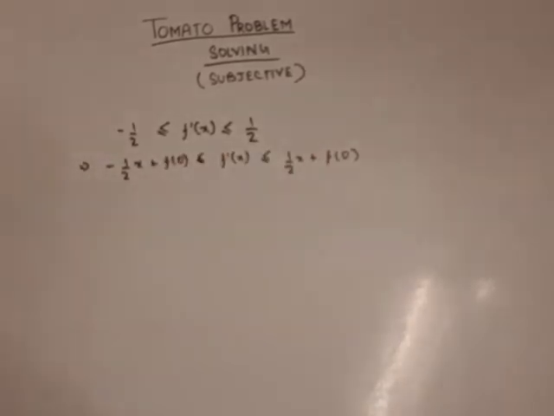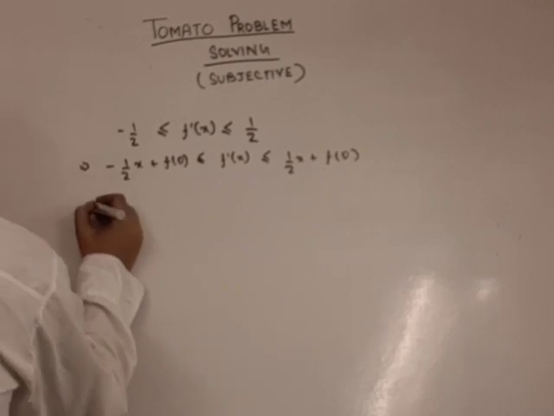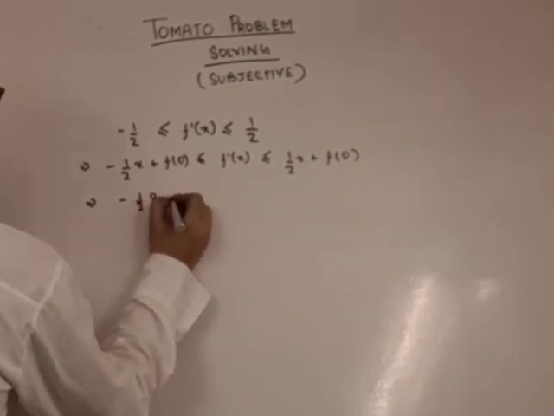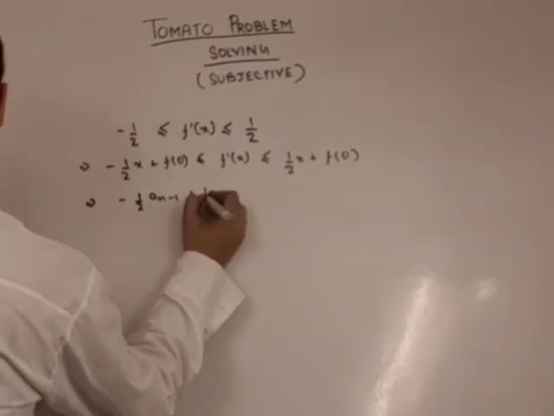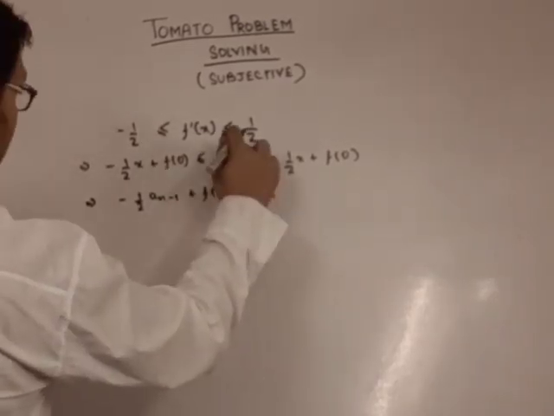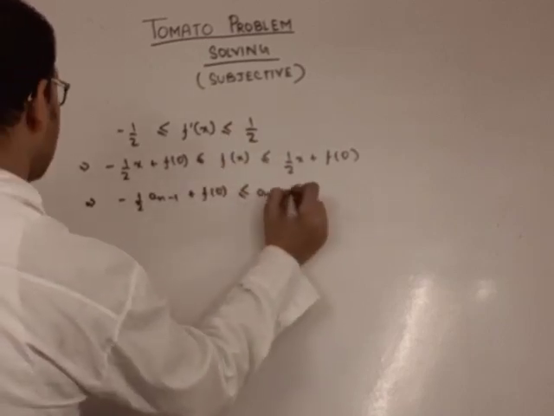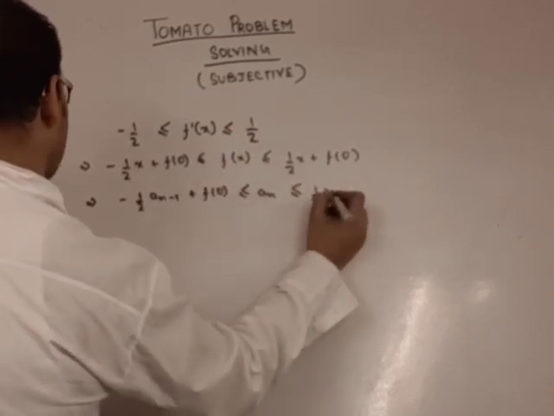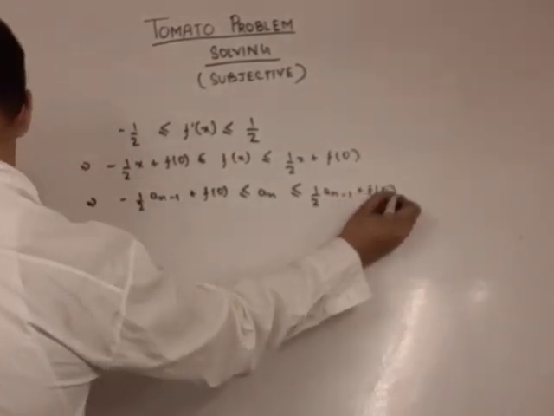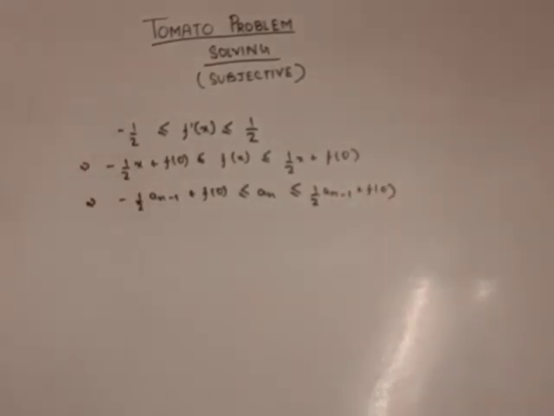This is a constant of the integration, f(0). So half a_(n-1) plus f(0) is greater than or equal to a_n, and you can very well understand what is meant by the statement. This is just a direct manipulation and computation as per the conditions given in the question.